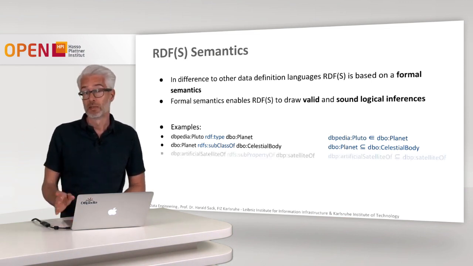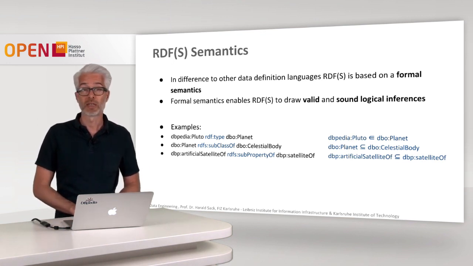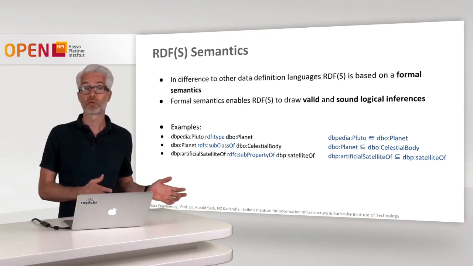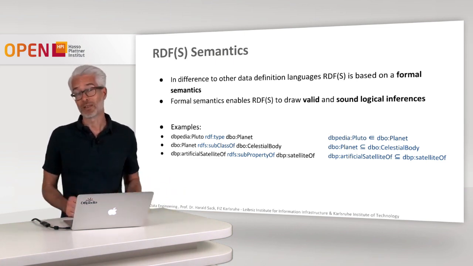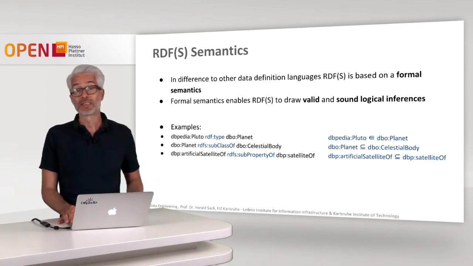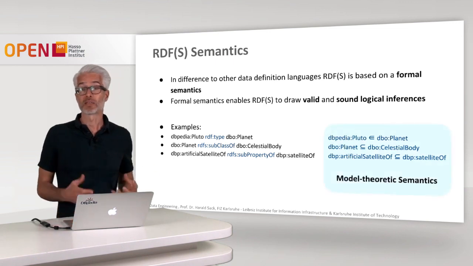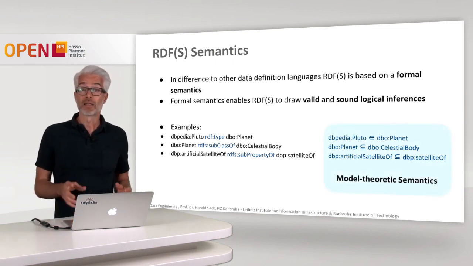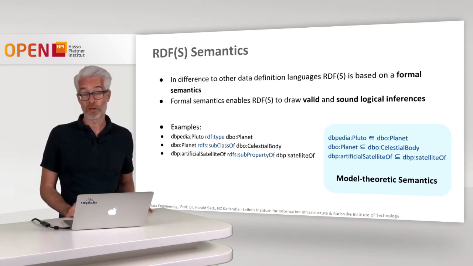And the same holds, for example, for property hierarchies. If I define artificial satellite of as a subproperty of satellite of, then you can simply translate this also into set theory. And this process of translation is a way to define a semantics with mathematical means. And this kind of defining a semantics is called model theoretic semantics.